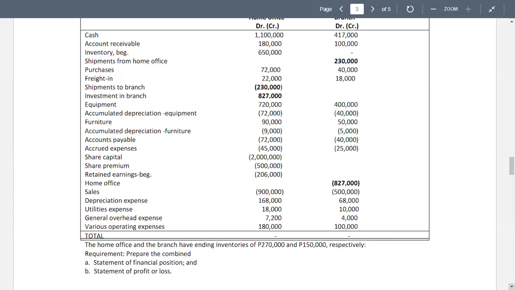Class, how much are the current assets? 2 million 317? 217, ma'am.